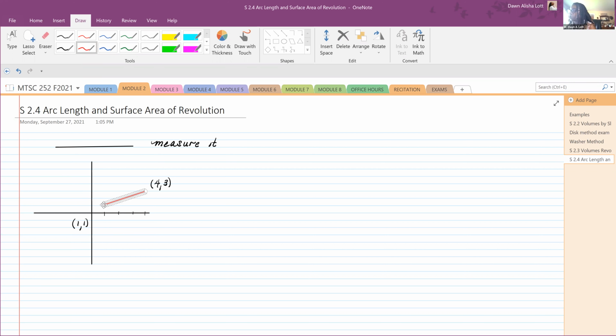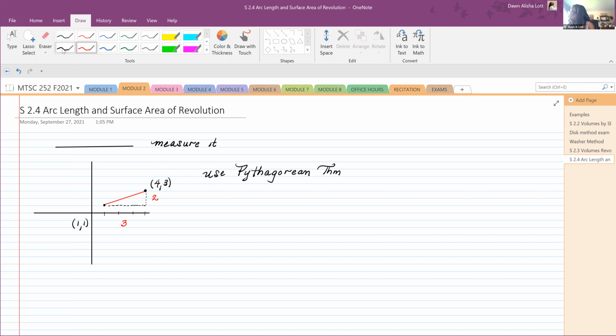You say, I'm going to use the distance formula. I know for a fact that I can use the Pythagorean theorem. When I go to use the Pythagorean theorem, I see that this side is length 2 and this side is length 3.